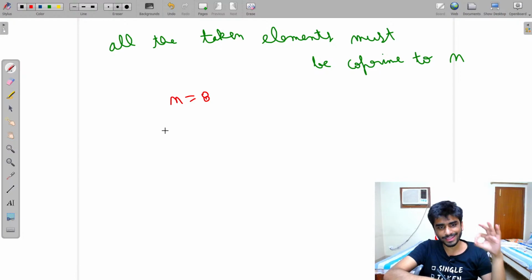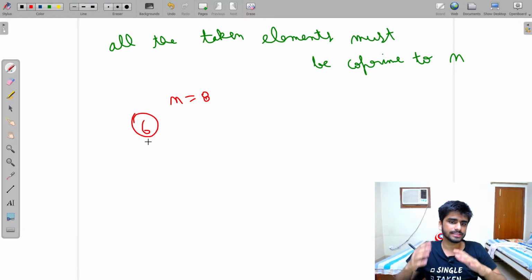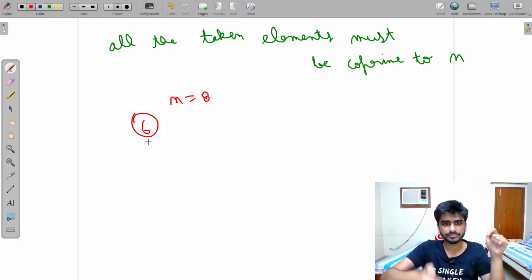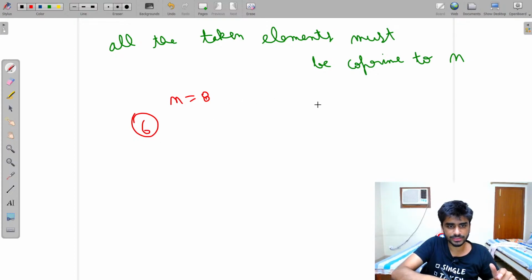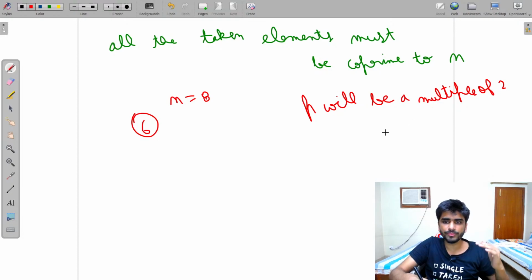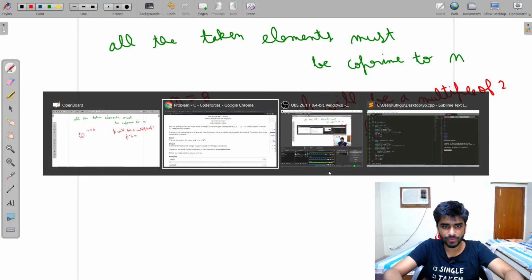If we take any even element, say 6, then whatever the product is, it will be a multiple of 2. If the product is a multiple of 2 and n is also a multiple of 2, then p mod n will also be a multiple of 2. So obviously it can never be 1.